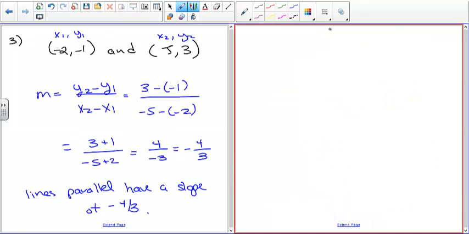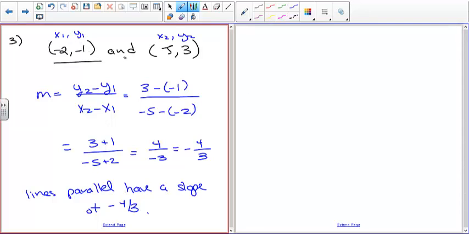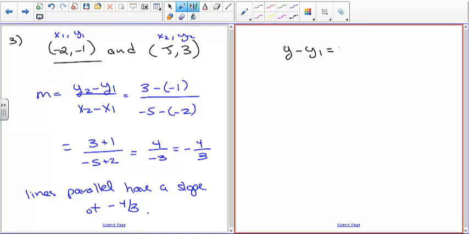Okay, so now that you have a slope, you can use the point-slope form, and I'm going to use x1, y1 here. You could use the other one if you wanted to. You should have gotten the same answer. So you take y minus y1 is equal to m times x minus x1. Y minus y1, negative 1. Slope is negative 4/3 times x minus x1. x1 is negative 2.